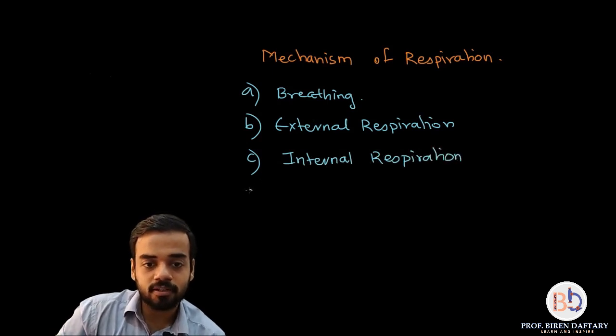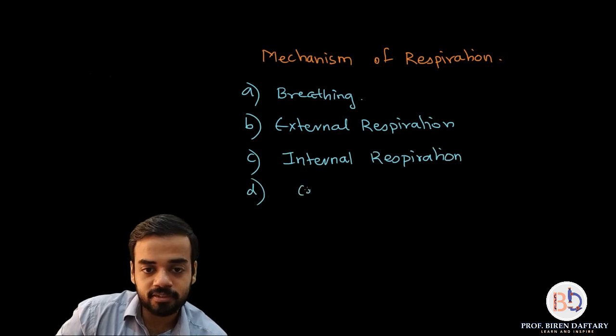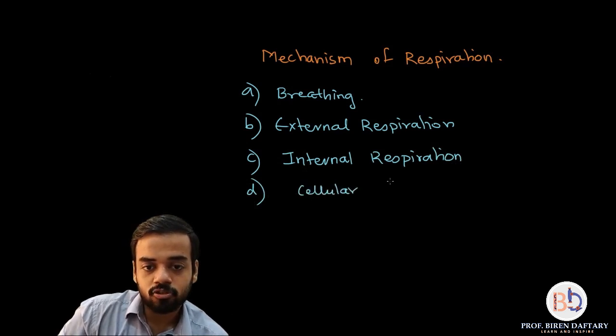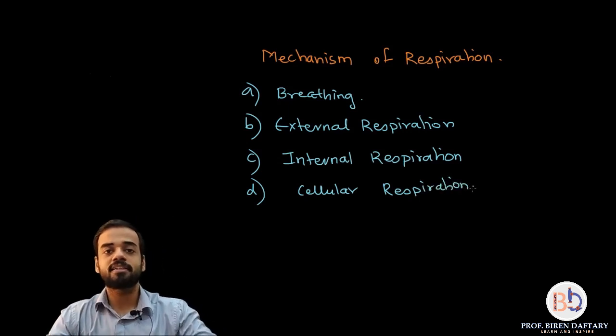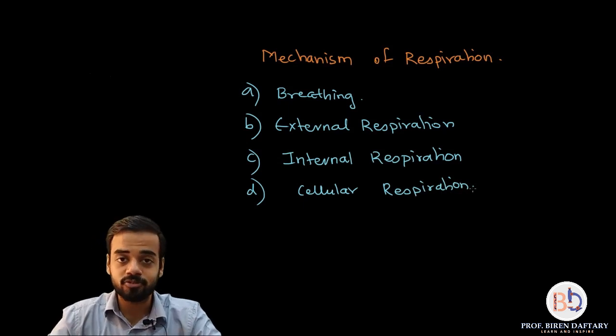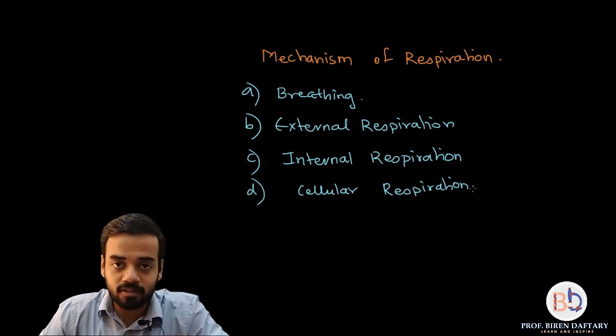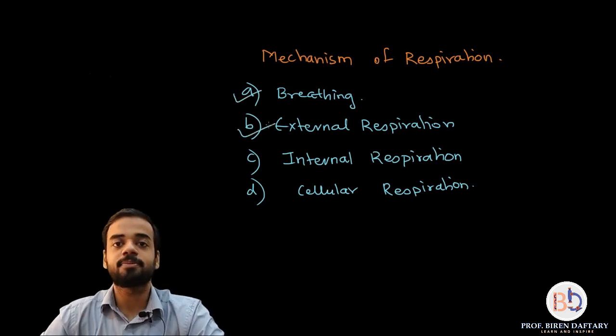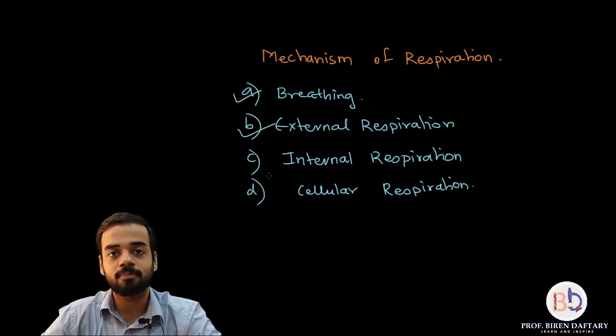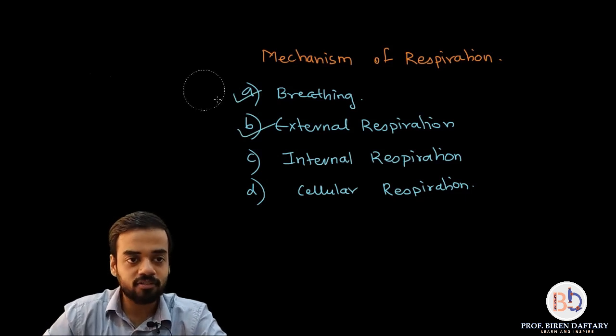And the last part under the mechanism of respiration is cellular respiration. That is the entire topic called the mechanism of respiration. It is probably the most important part of this chapter. So today we are going to study breathing and external respiration, and in the next lecture we will cover these other parts. Okay, so first of all let us start with breathing.